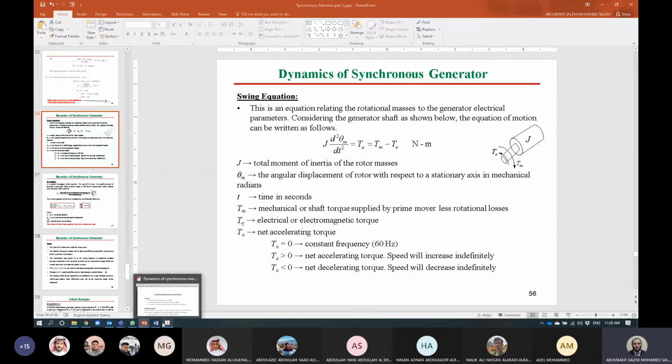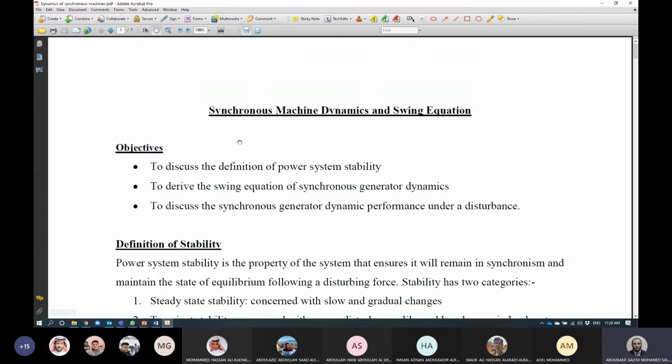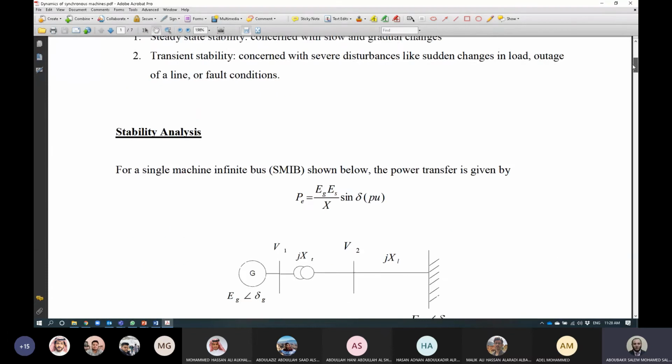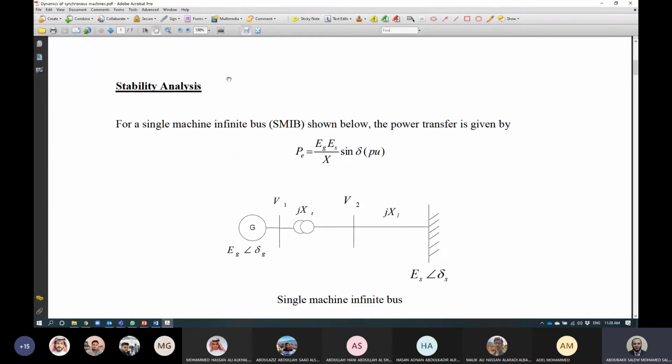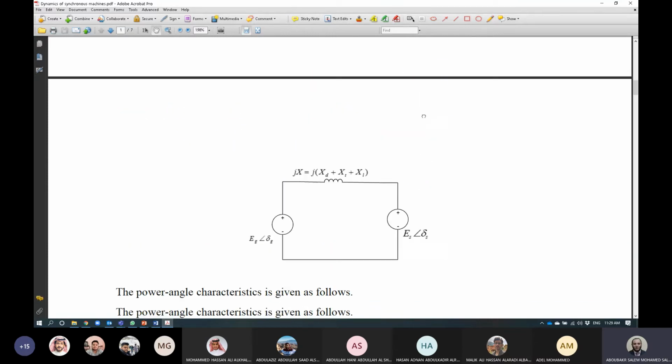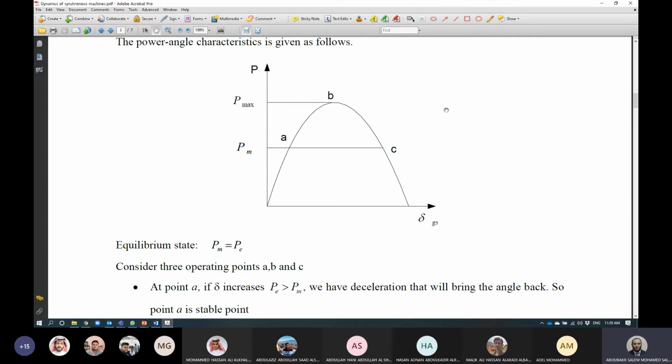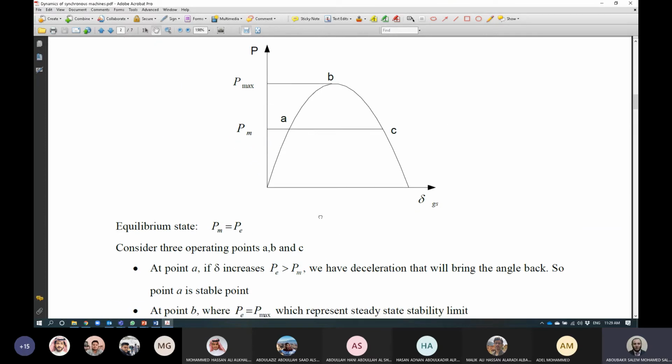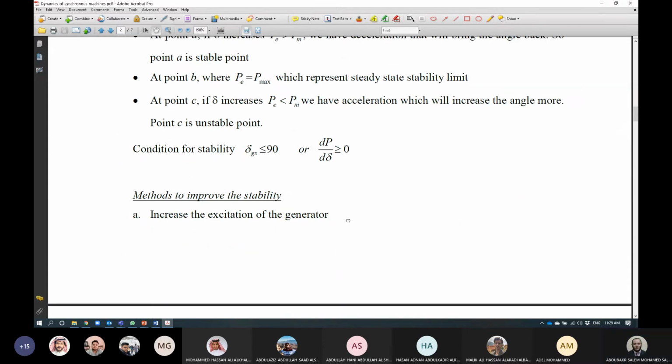Previously, we discussed the dynamics of the synchronous machine, and we discussed the stability analysis for a single machine infinite bus. This is the single machine infinite bus we discussed recently, and we got the curve here, and we derived the stable region together using the dynamic equation.